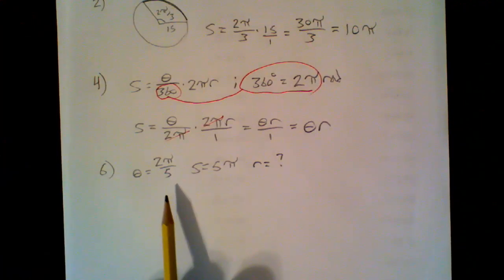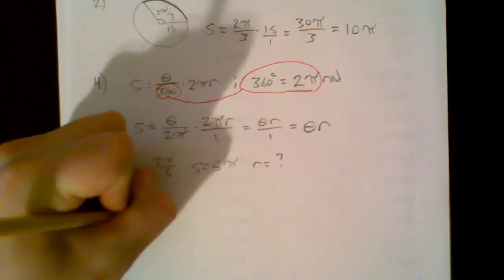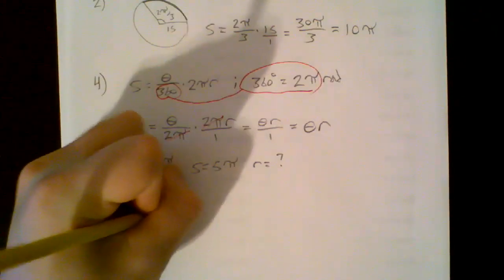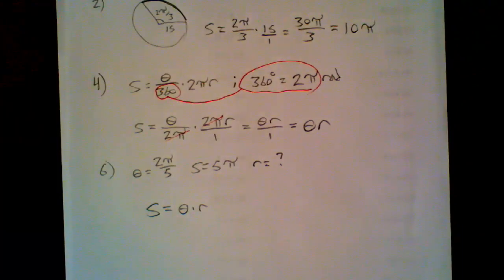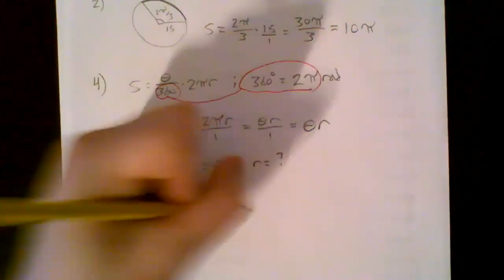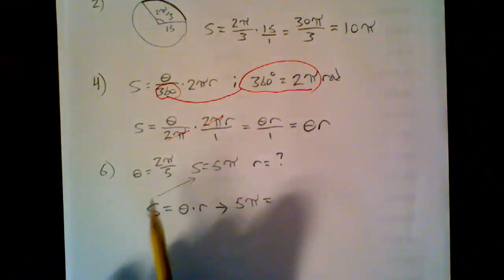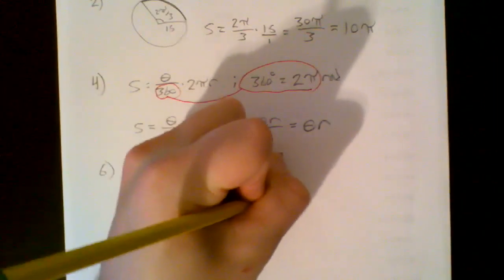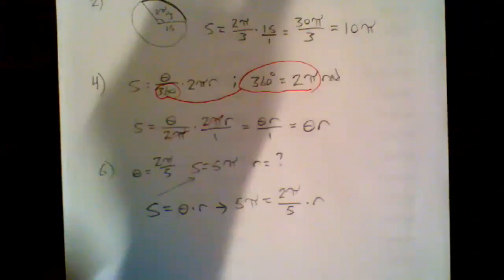So we're going to use that equation. Since it's an arc length in radians, we're going to say S equals theta times r, and then just plug in what we know. We know S, the arc length, is just equal to 5 pi. Keep your equal sign. Theta is 2 pi over 5 times r.